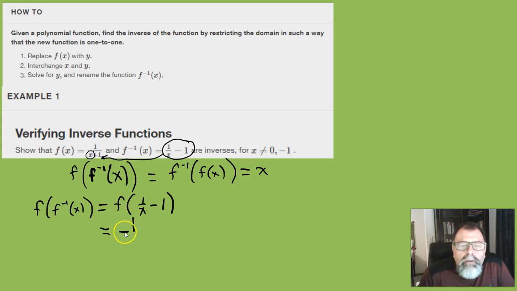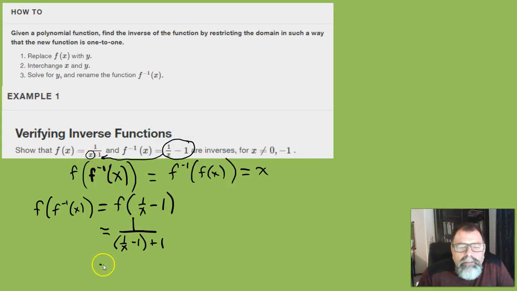So it'll be 1 over, we take the x out and put in f inverse, which is 1 over x minus 1, and then the plus 1. So f is 1 over x plus 1, and we're putting f inverse into f. We put 1 over x minus 1 in place of the x in the f function.